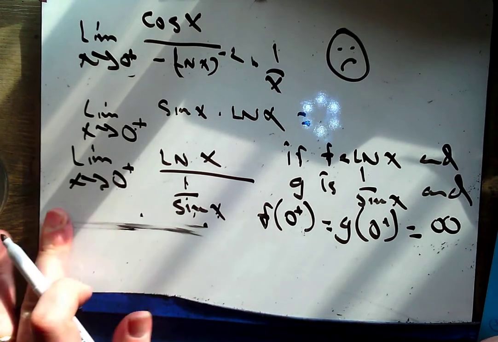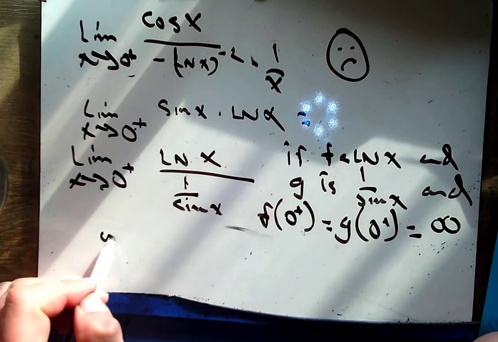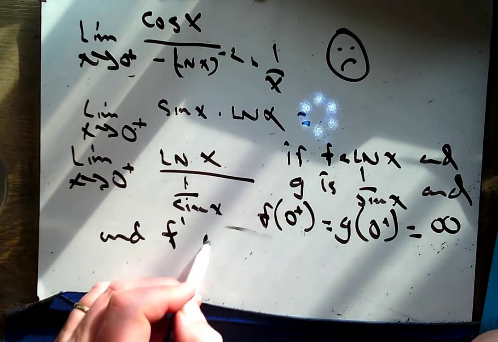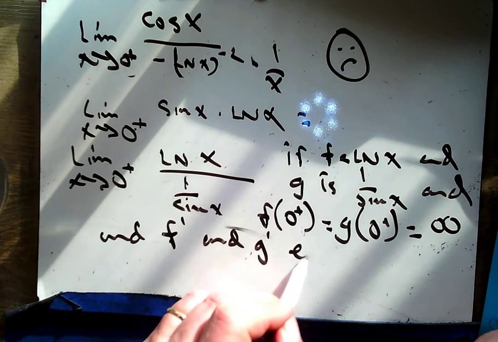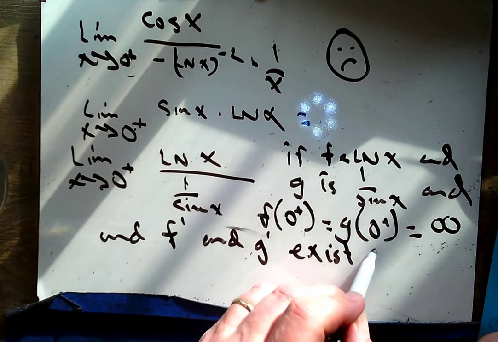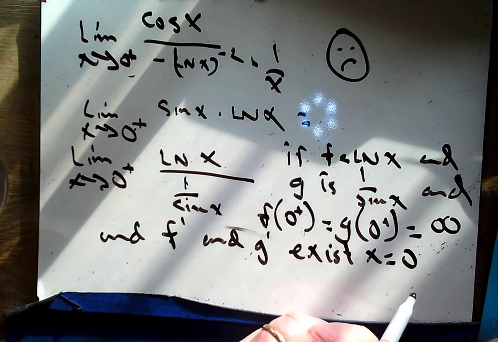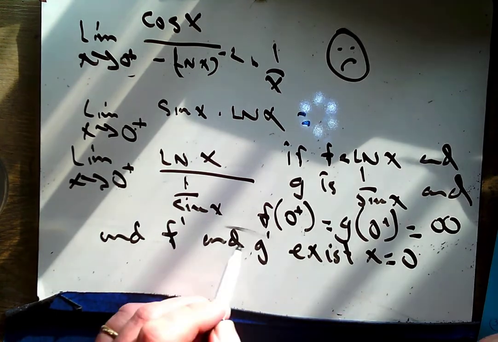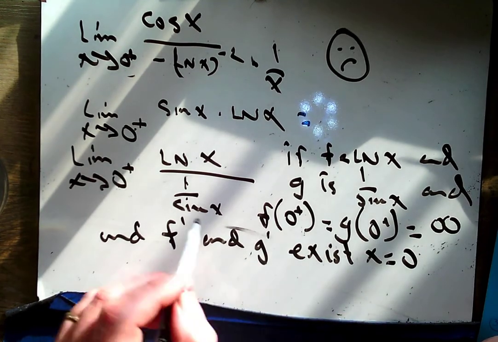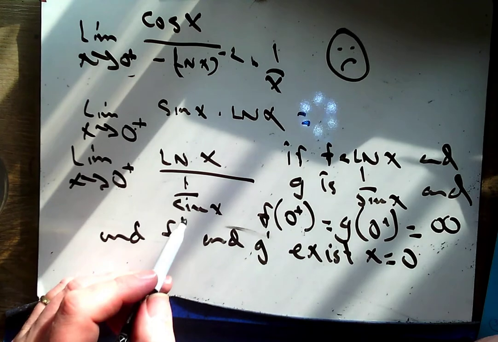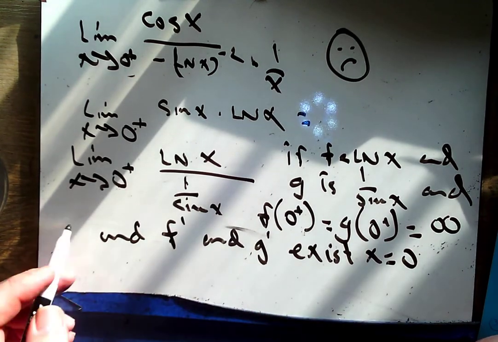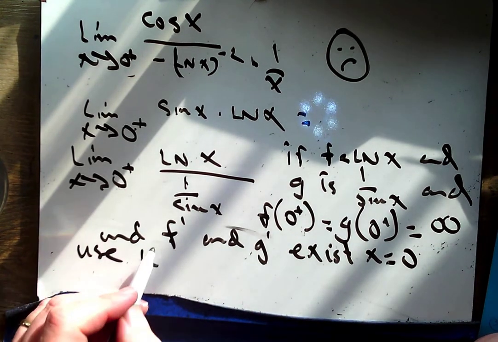I didn't say that part about differentiable. And f prime and g prime exist for x not equal to 0. That's a little trickier with this one because this one has a bunch of vertical asymptotes, but I'm going to go with it. I'll use L'Hopital's.